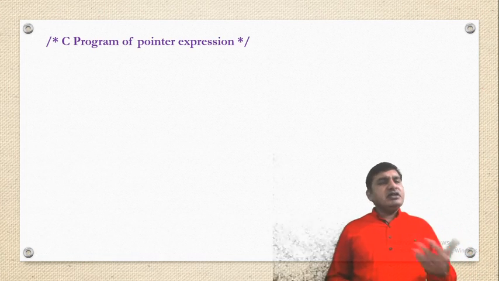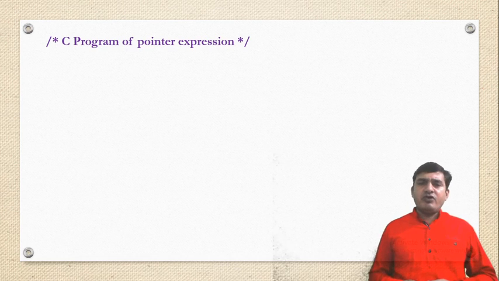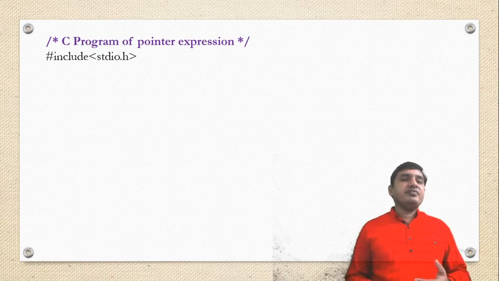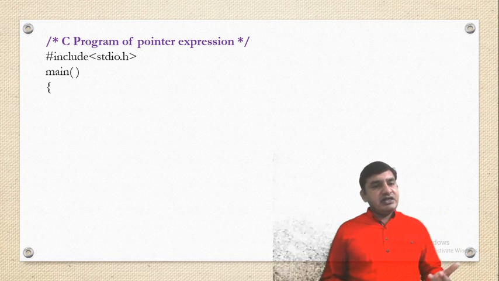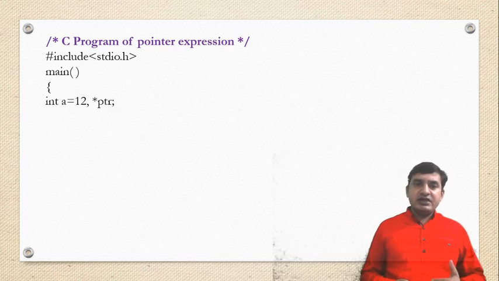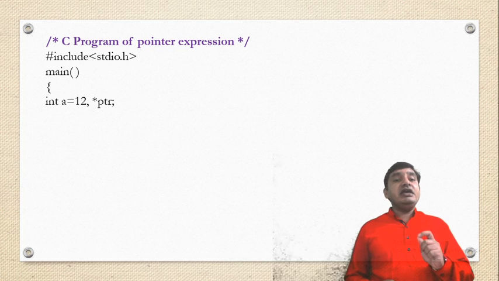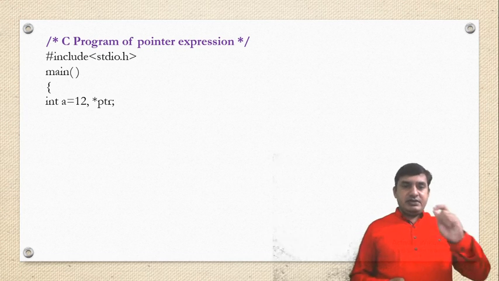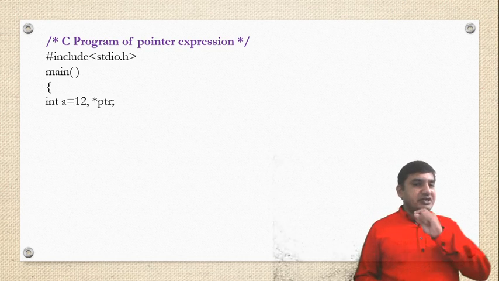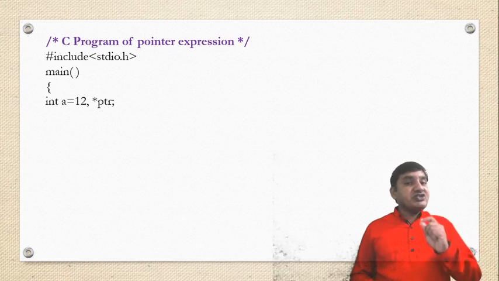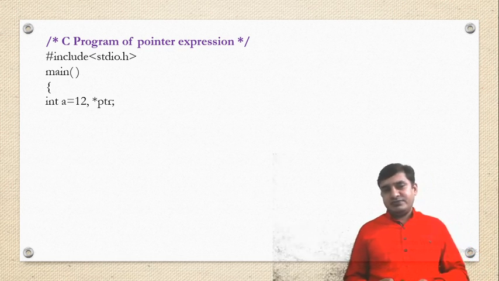Now, C program of a pointer expression. #include <stdio.h>, main function, then opening curly bracket, integer a is equal to 12, and asterisk pointer.